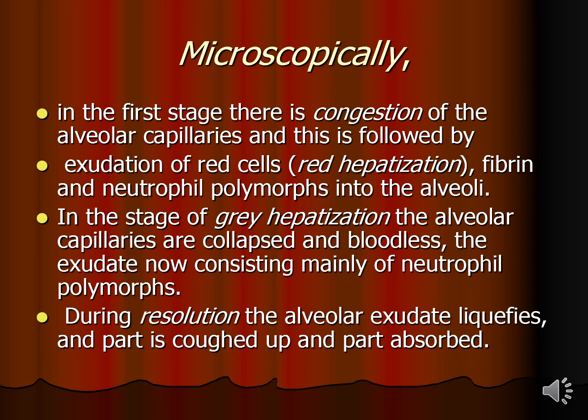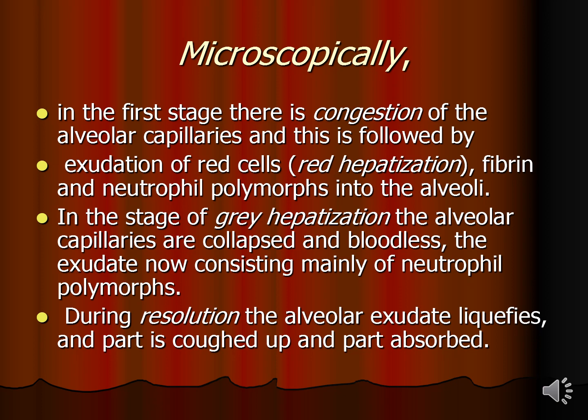So again, a few steps in the dynamics of lobar pneumonia. The first stage is congestion of the alveolar capillaries, and this is followed by exudation of red cells, red hepatization, fibrin and neutrophil polymorphs into the alveoli, and we see the exudate formation within the alveoli.